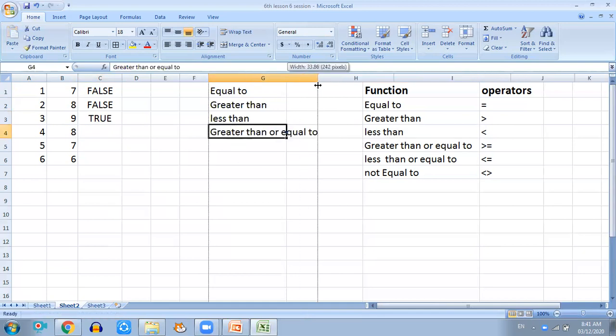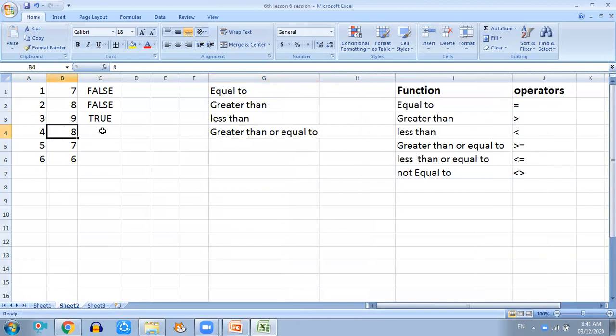Now what are we going to do? 4 is greater than or equal to 8. No, it is wrong, but we will still enter it and check. The formula is greater than or equal to: first we select A4, greater than or equal to B4.